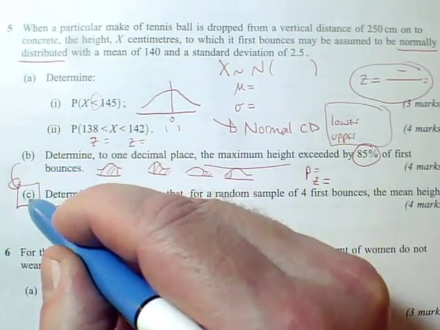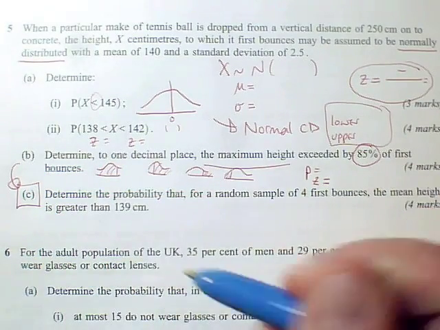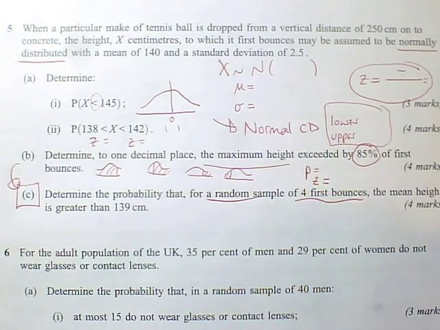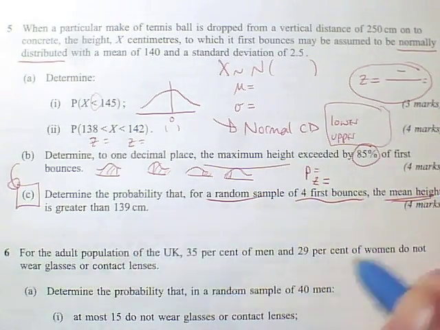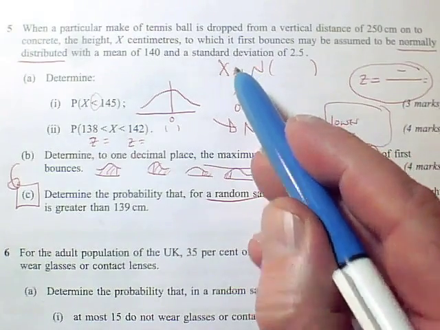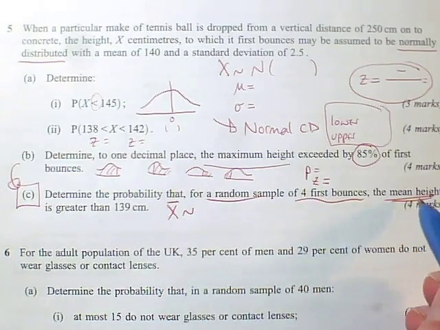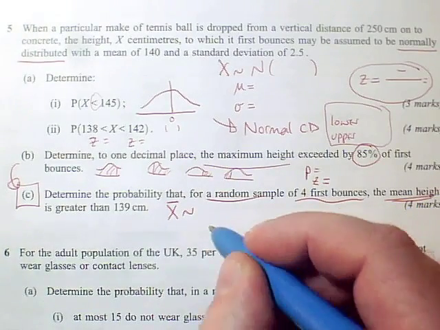Now from part B to part C there is a change, okay? We now have a random sample of 4 first bouncers, and we're interested in the mean height. So before we were looking at the x distribution, now we're looking at the x bar distribution, because we're looking at the mean height of a sample of 4 bouncers.